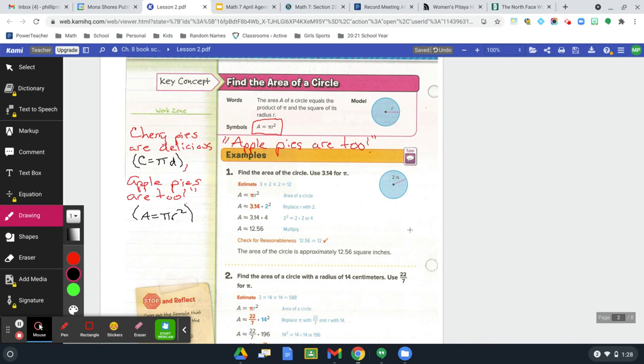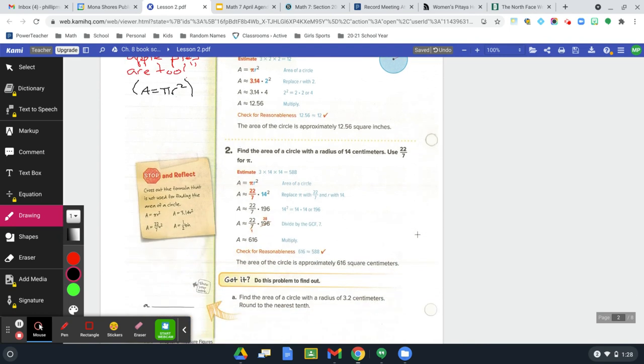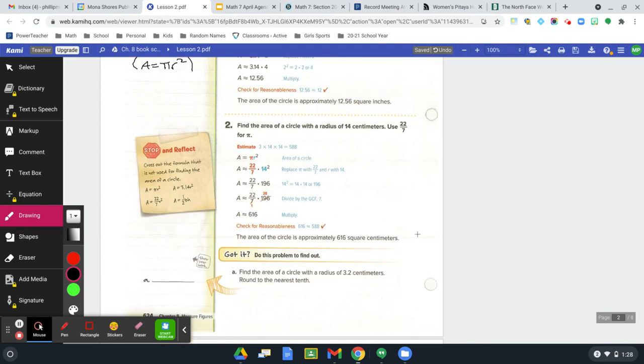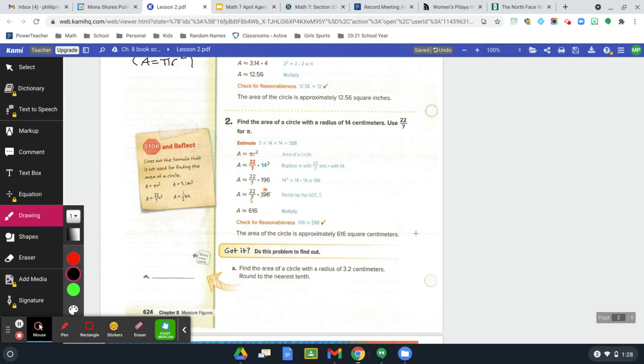And so let's try this area formula. Again, you need your calculator right next to you so we can work through some problems together. So we're going to scroll down and go to the bottom of page 624. We're going to look at the got it, okay? It says, find the area of a circle with a radius of 3.2 centimeters, and we're going to round to the nearest tenth. So you don't have to draw a visual if they don't give you one.